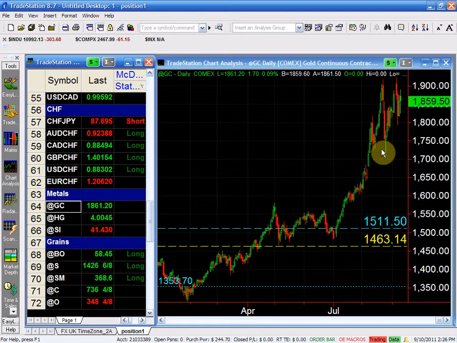One was the Swiss, and the other is gold. Since people are now being forced out of the Swiss franc, they have no other option but gold, or silver for that matter.